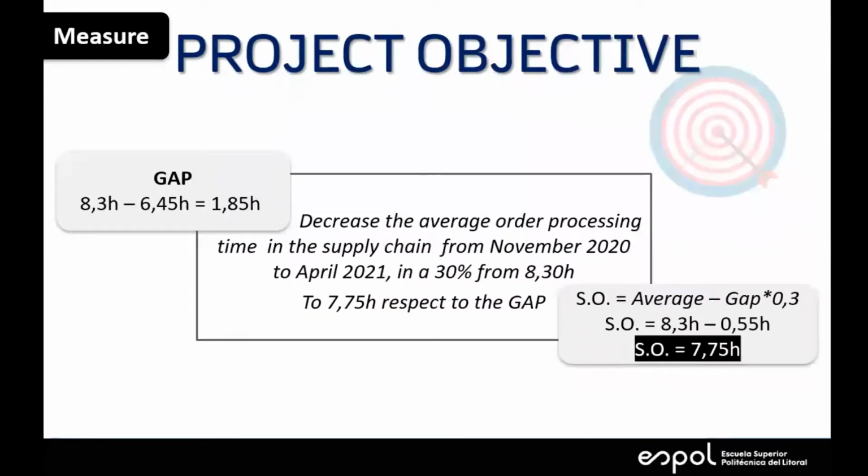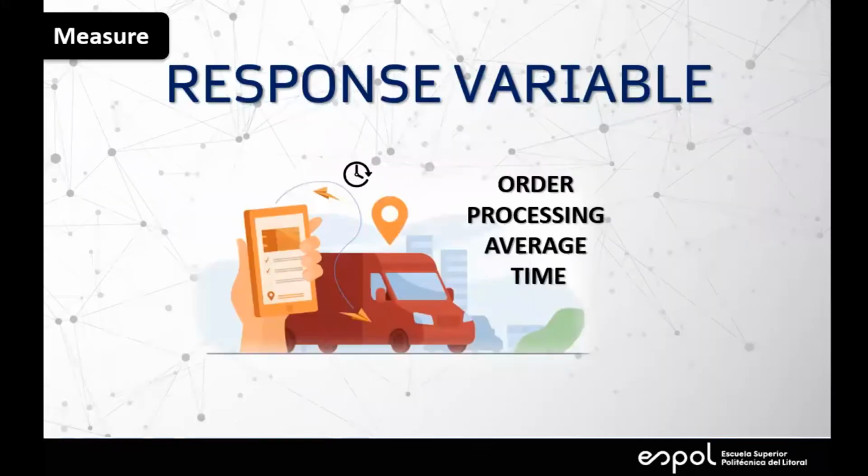The project objective: decrease the average order processing time in the supply chain from November 2020 to April 2021 by 30%, from 8:30 hours to 5:70 hours, with respect to the gap. The response variable is the order processing average time.